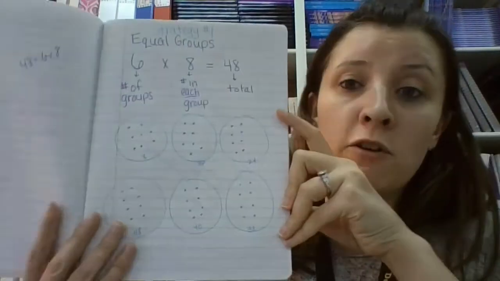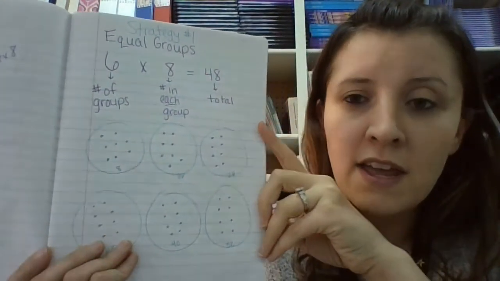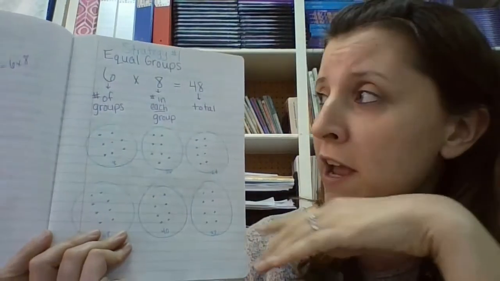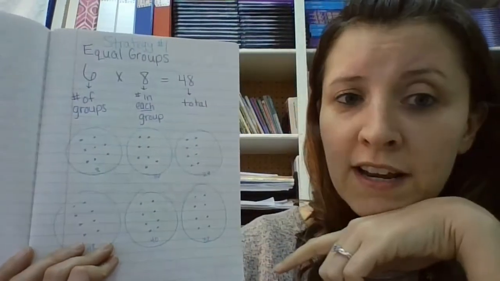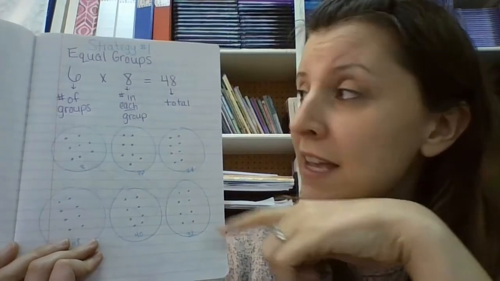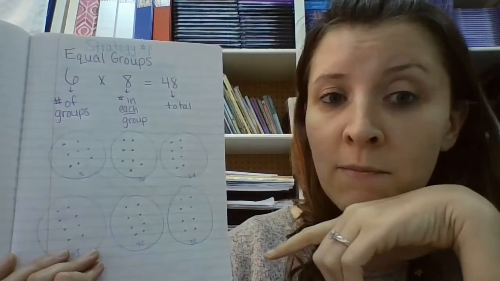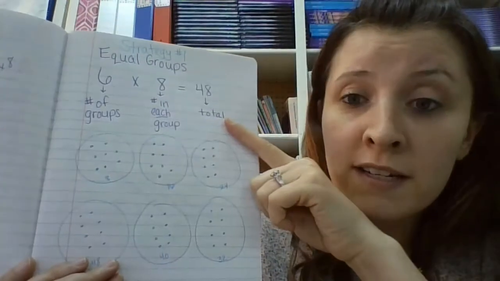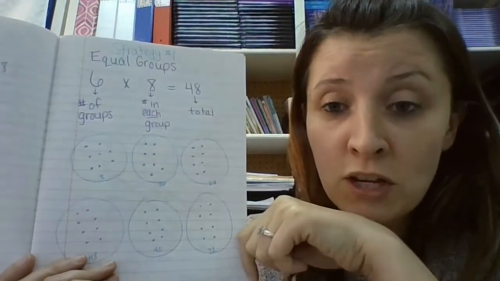Okay, on the next page, I'm going to talk about the first strategy for multiplication, and that is forming equal groups. In the equal group strategy, the first factor is the number of groups. The second factor is the number in each group. And finally, the product is the total amount of things that you drew.